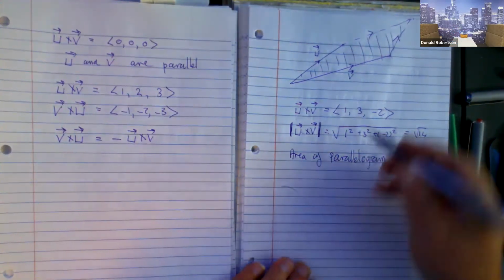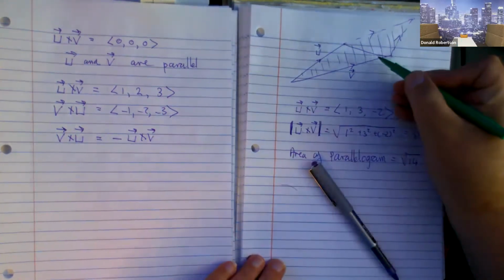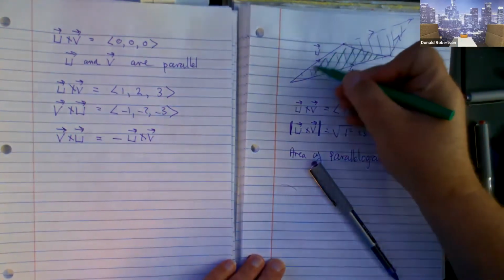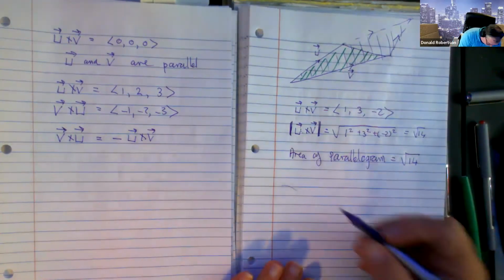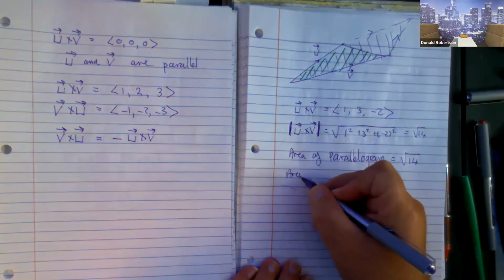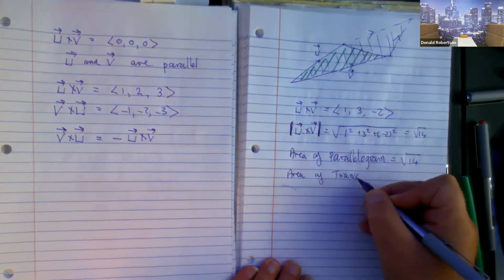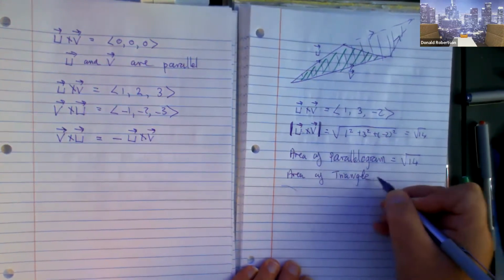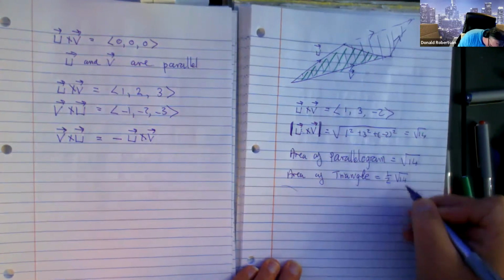Suppose you wanted to know the area of this triangle, the one formed by u and v. If you want to know the area of that triangle, it's half the square root of 14.